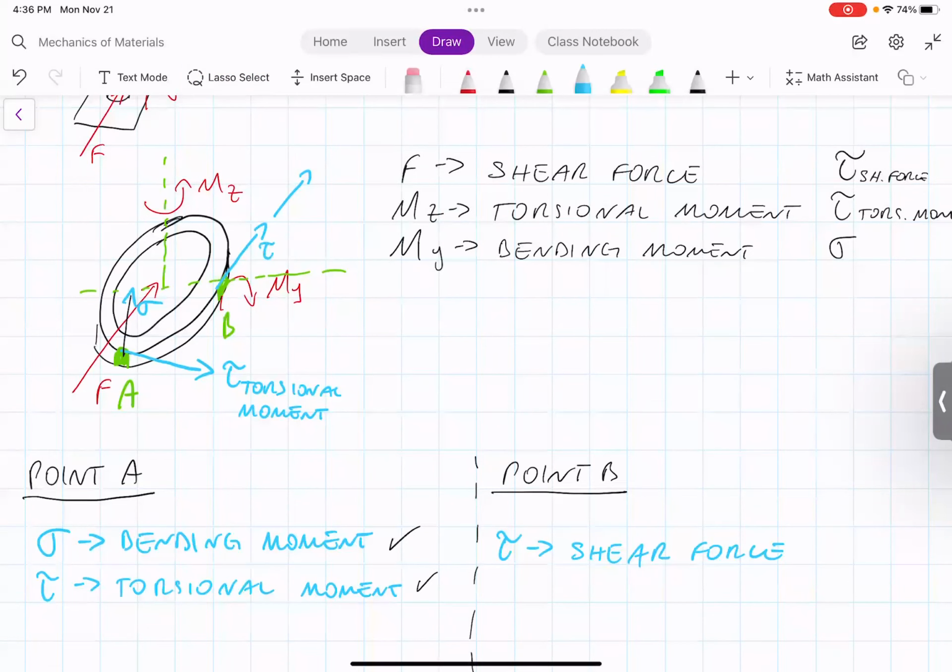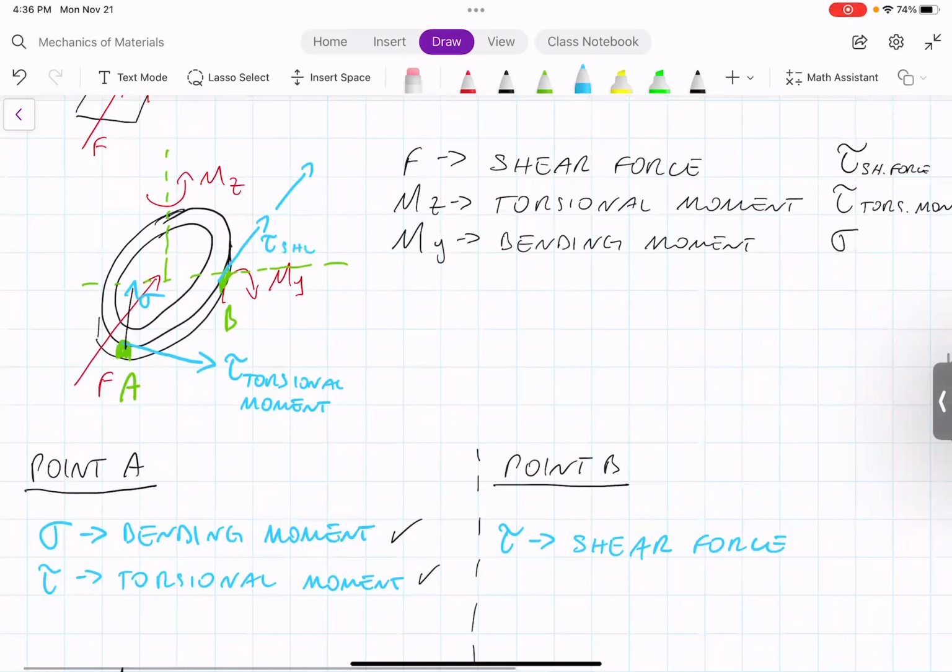The first one, in terms of shear stress, is the tau due to the shear force. And then the second one is the stress due to the torsional moment.